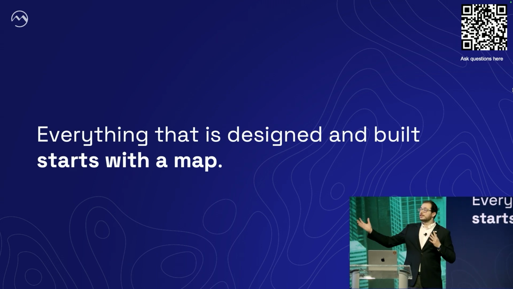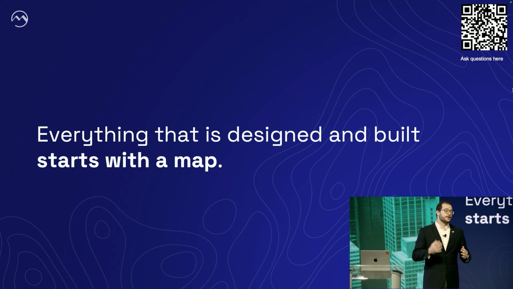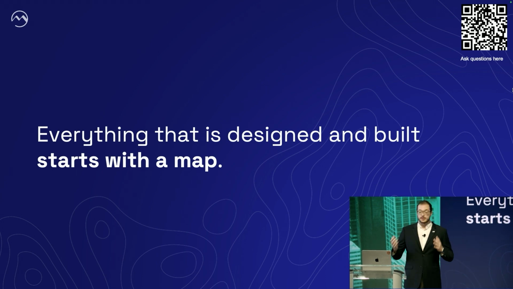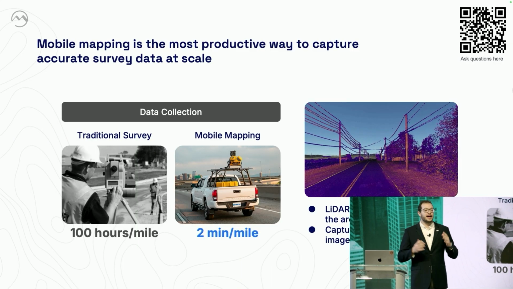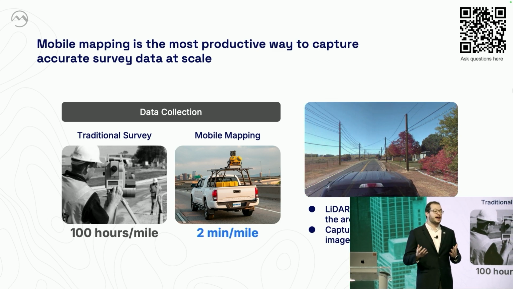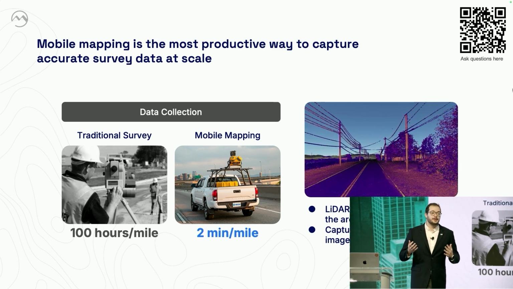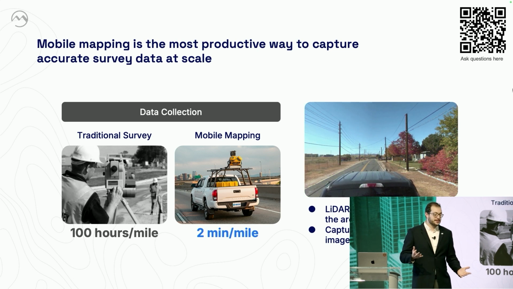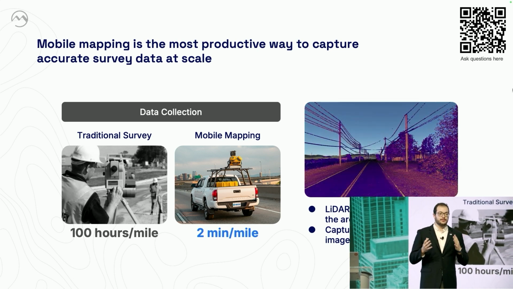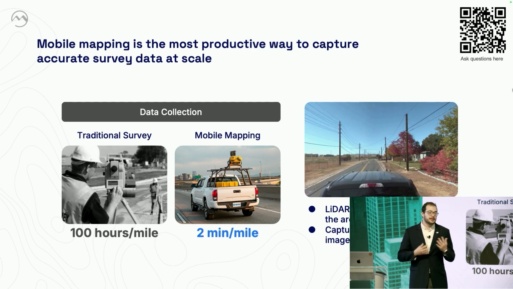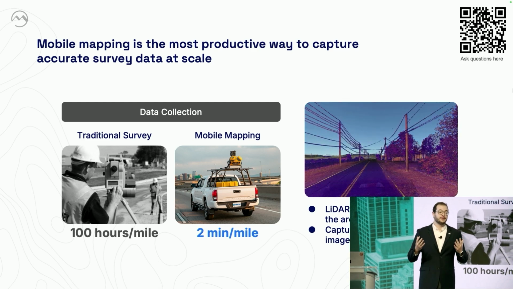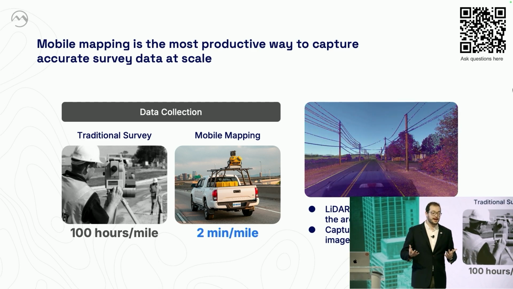Whenever you build any building or any road, the first step is to start with a map. And when you want to create a map of a construction site, you usually use a device called a mobile mapping system, which, when it was introduced about 20 years ago, really transformed the field of land surveying, which is the process of creating these maps.